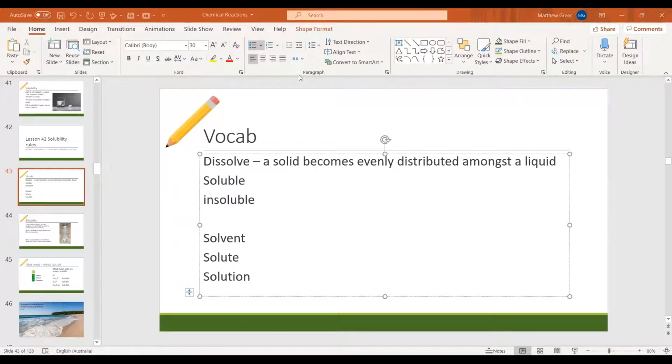But you could say instead a substance becomes evenly distributed. This is actually a pretty bad definition. I'm just giving you this definition so that it's not too confusing.